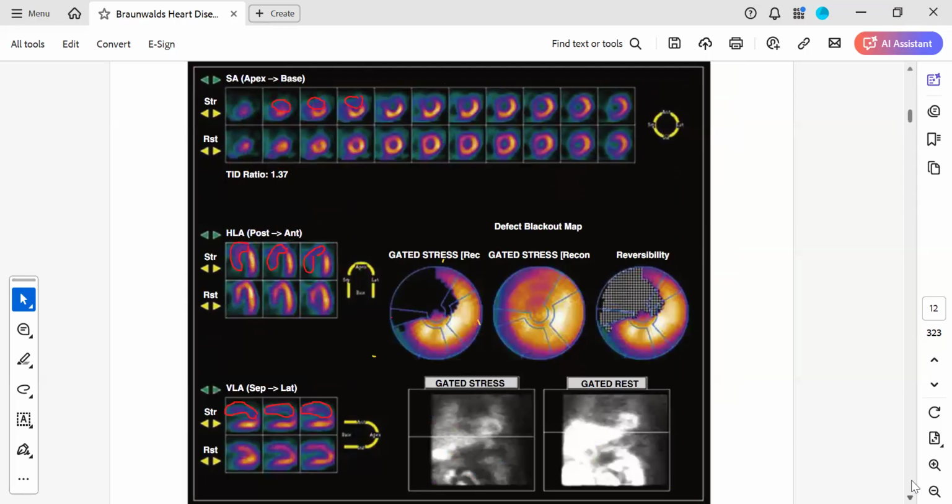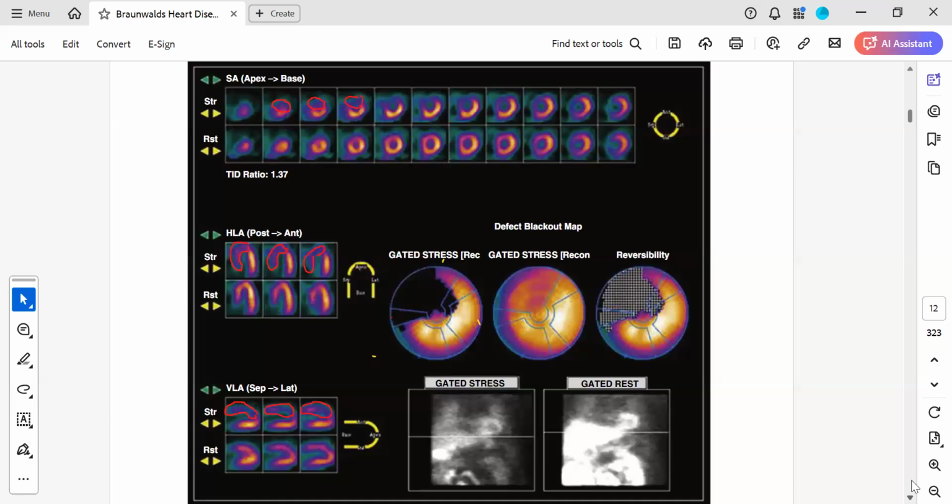If you see a perfusion defect during stress that is not visible during rest, usually it means the defect is reversible, and this usually suggests myocardial ischemia.